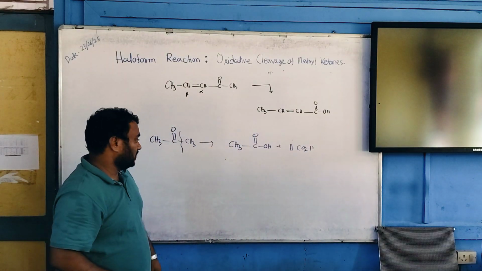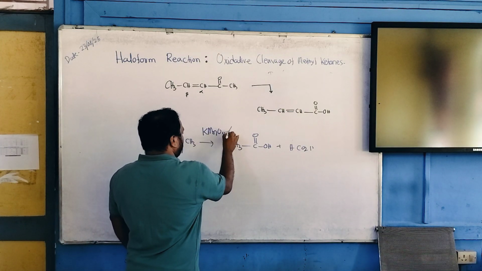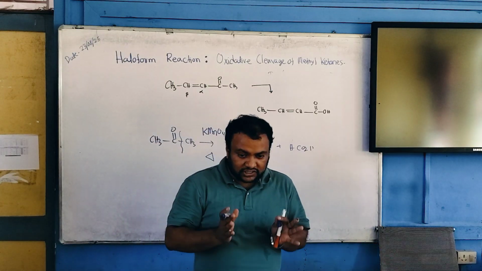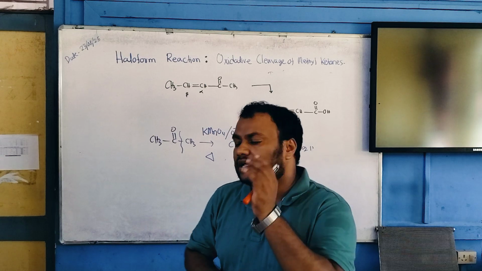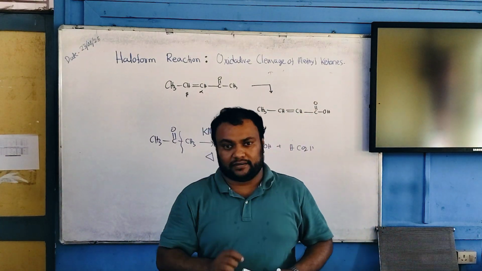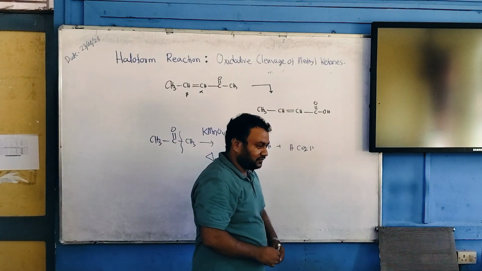This is not easy. You can only do this if you are using KMnO4 in alkali medium and that too with heating. So this difficult or drastic condition is required for oxidation of ketone. But here you cannot use this condition. Why?